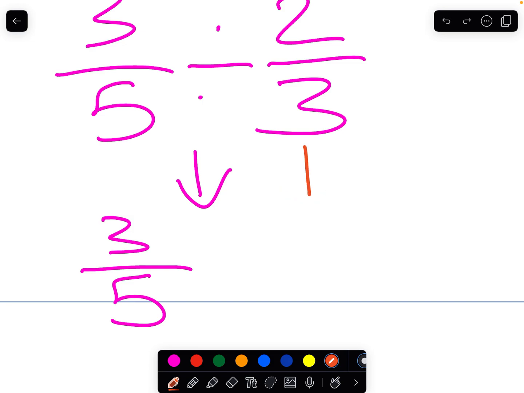I should have put that in the rhyme. So 2/3 flipped is going to be 3/2, and then you change the division symbol to a multiplication symbol.